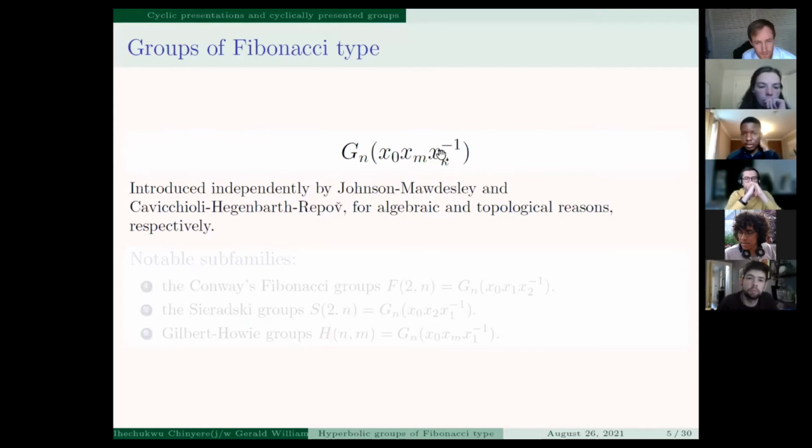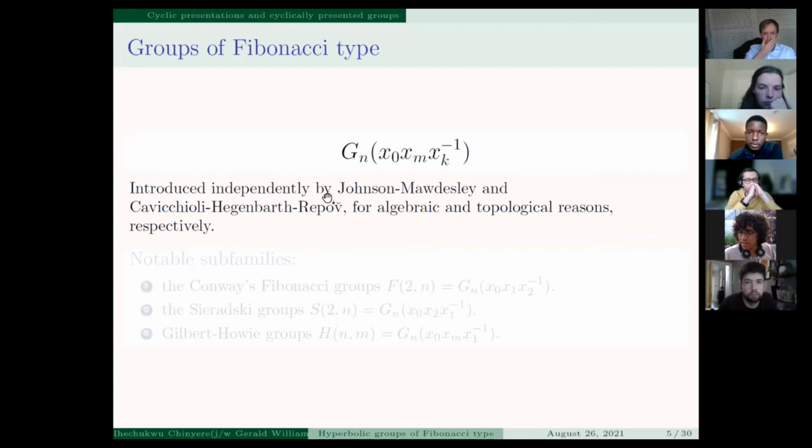Remember that this is the W now, so this means that it has n generators x0 to xn-1, and the relators are just shifting the subscripts of this particular W here. M and K are integers less than n, from 0 to n-1.